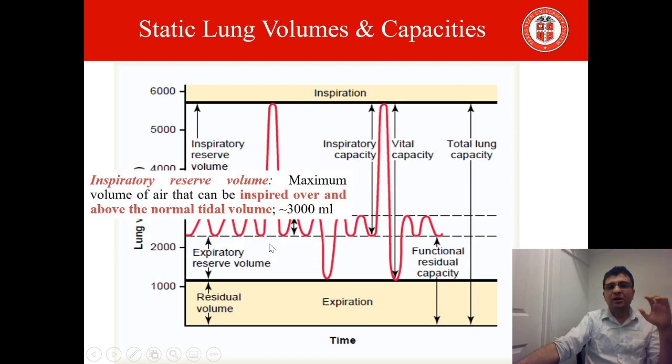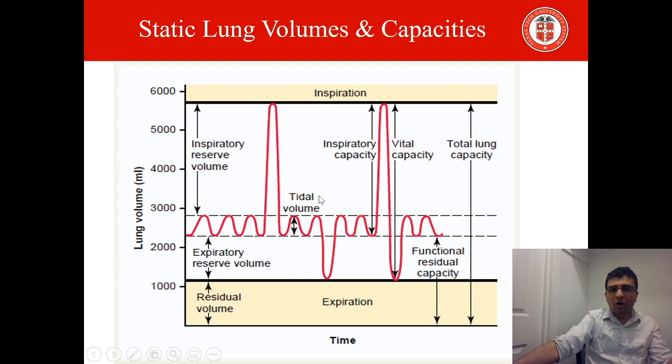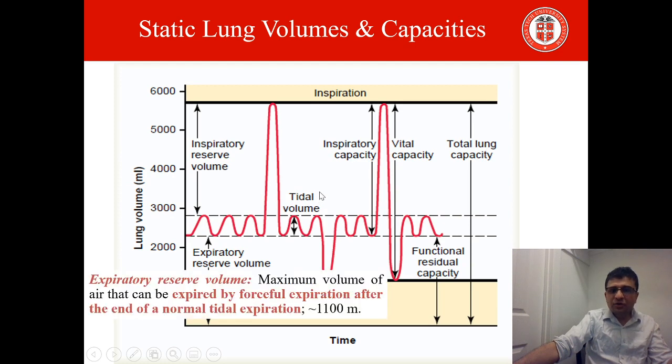Once you try to breathe in at the top of normal inspiration, so this is the top of normal inspiration, the maximum amount of air which you can breathe in from this point to this point is the inspiratory reserve volume, and the value is roughly 3000. And again, once you try to exhale at the end of normal expiration, that's expiratory reserve volume.